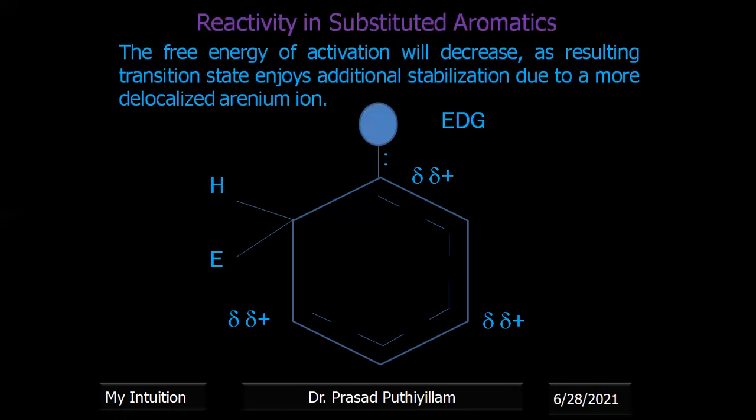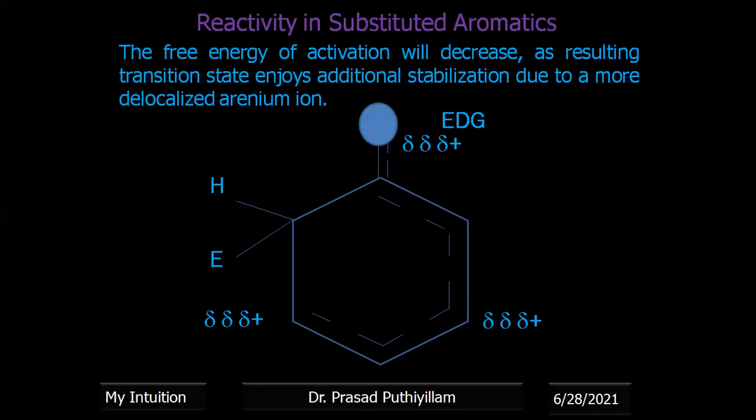The lone pair of electrons goes near the carbon with that partial positive charge. Then it forms a partial double bond nature first, or later it becomes a full double bond, then breaks and becomes partial double bonds. Then we can say that the first carbon which had a full positive charge now becomes a partial positive charge, and it got distributed to the next alternate carbon as partial positive charge, and again a partial positive charge reached the electron donating group.